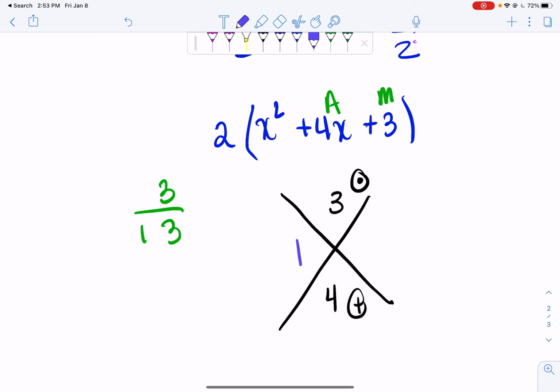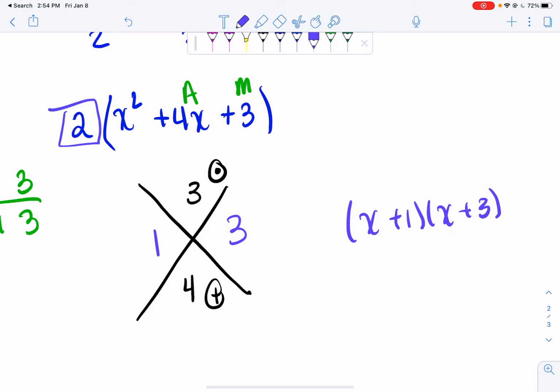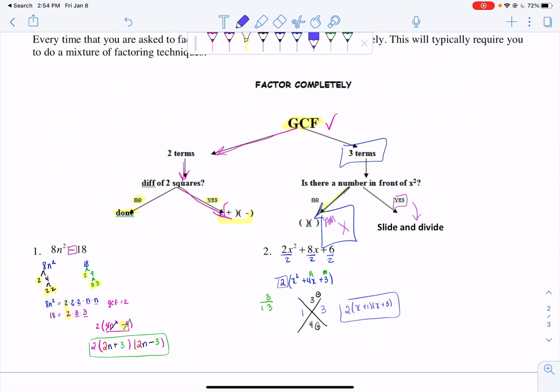I'm going to put that 1 and 3 in. Let's just check. 1 times 3 is 3. 1 plus 3 is 4. So my factors are x plus 1 and x plus 3. But if you remember, there was a 2 in front because of my GCF. This is your final answer. 2 times x plus 1 times x plus 3.